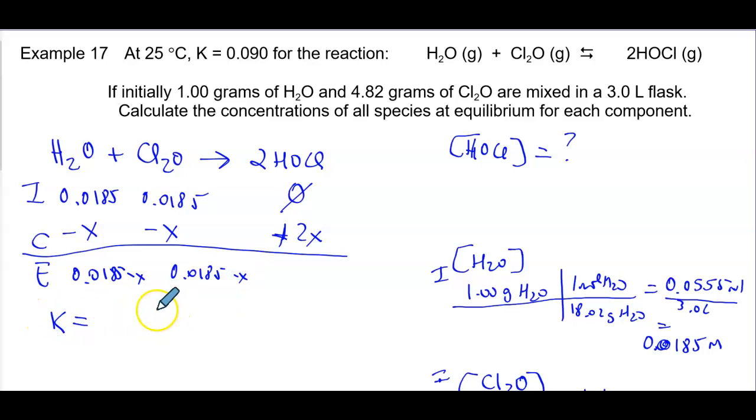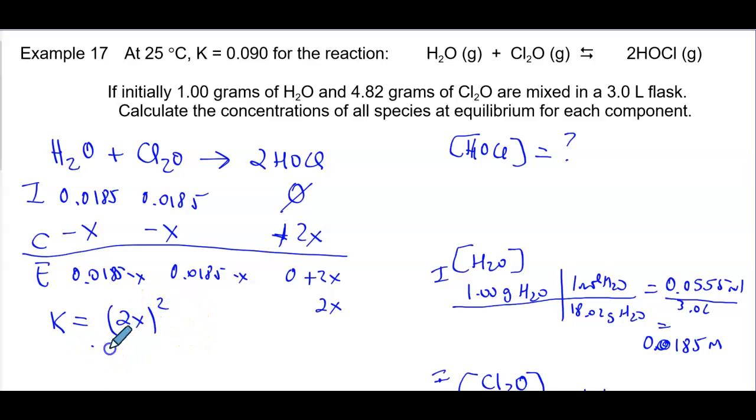So my K equals, oh, sorry, this would be 0 plus 2x. There's no E down here, so this is just going to be 2x. And we have 2x to plug in, because remember, these are all equilibrium values.